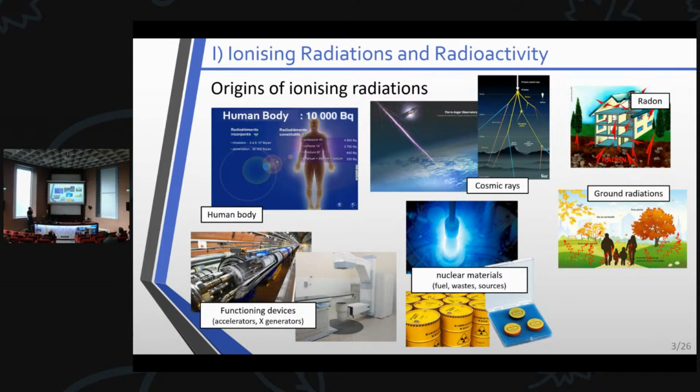You have some artificial sources, for instance, accelerators or X-ray generators for medical applications. You have waste sources coming from the nuclear industry, the fuel, waste, etc. The ground around us also emits radiation. So it's important to understand that ionizing radiation is everywhere.